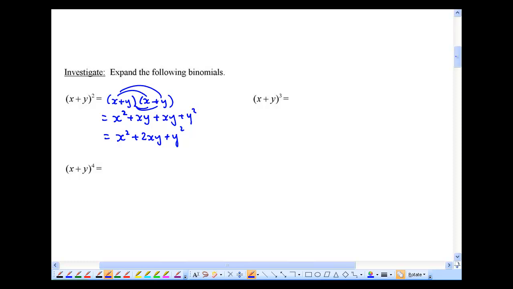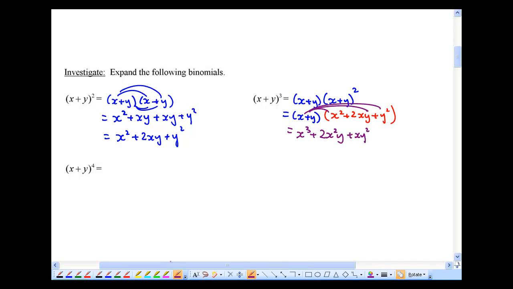(x + y) cubed, you might be thinking, well, that's just (x + y) times (x + y) squared. Well, (x + y) squared, from just what we did 2 seconds ago, is x squared plus 2xy plus y squared. So we'll go ahead and now expand. x cubed plus 2x squared y plus xy squared.